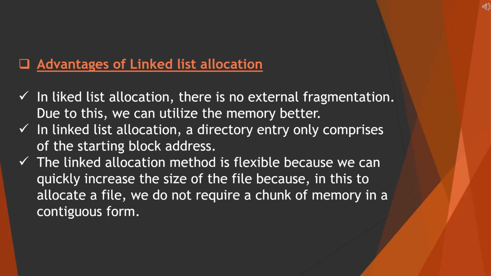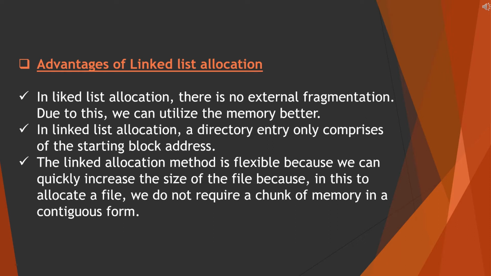This linked list allocation also has some advantages and disadvantages. What are the advantages of linked list allocation? There are various advantages of linked list allocation. In linked list allocation, there is no external fragmentation. Due to this, we can utilize the memory better.